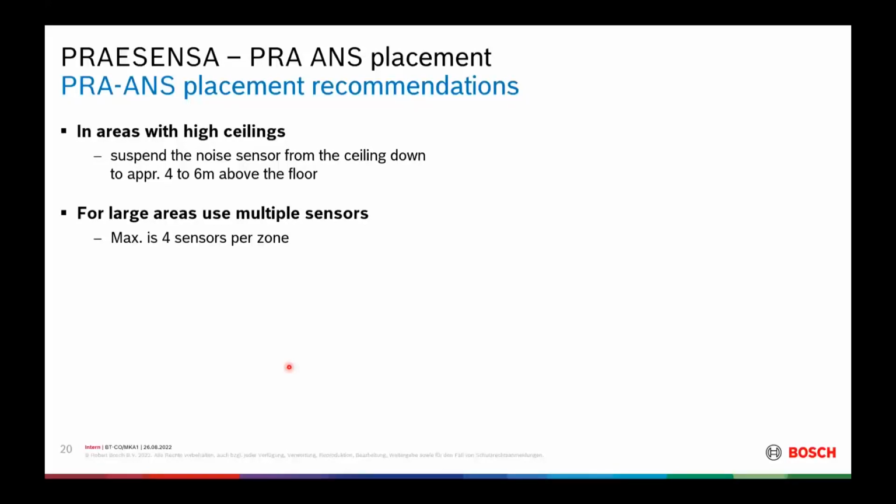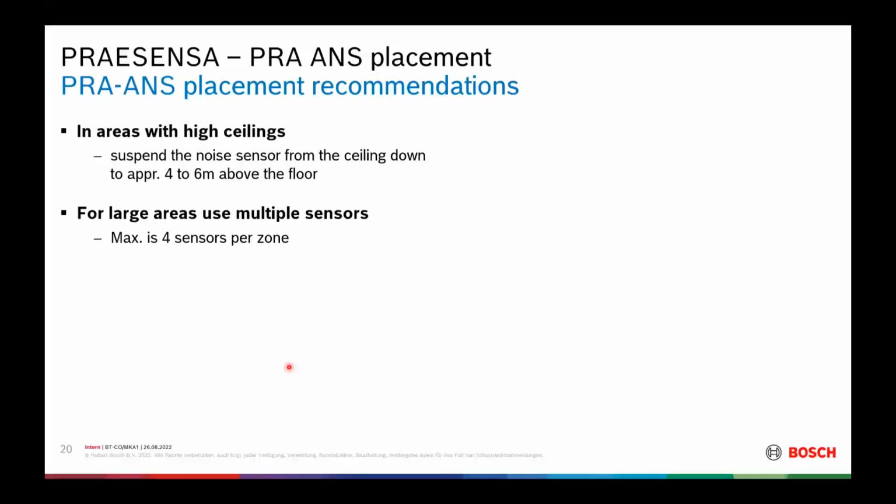And if you want to detect this equally with the noise sensors, yeah, you may place 1 or 2 sensors in the zone, but it may not make a big difference to place even more sensors because the noise level detected in one area is not much different to what you would detect in another area of the same zone where you want to broadcast your signal.